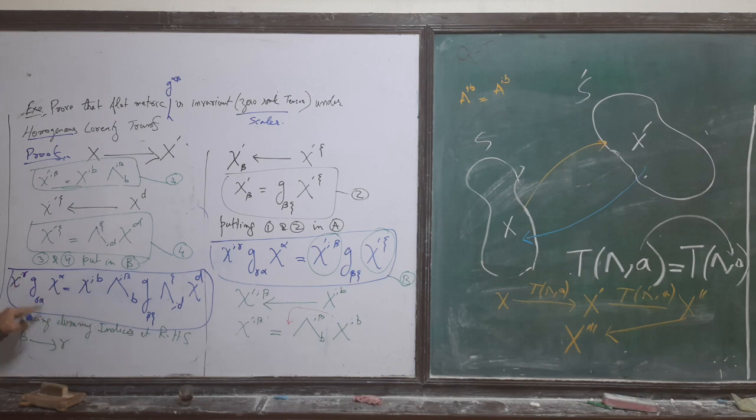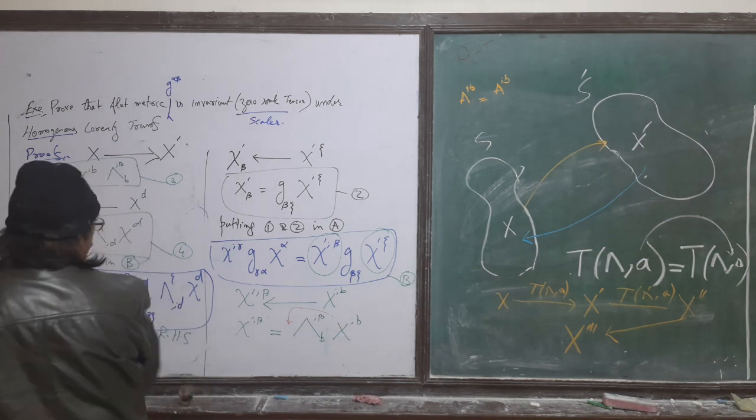You may also replace the indices of the left side, it is up to you, but I am changing the right-hand side. Beta is replaced with gamma, and D is replaced with alpha.